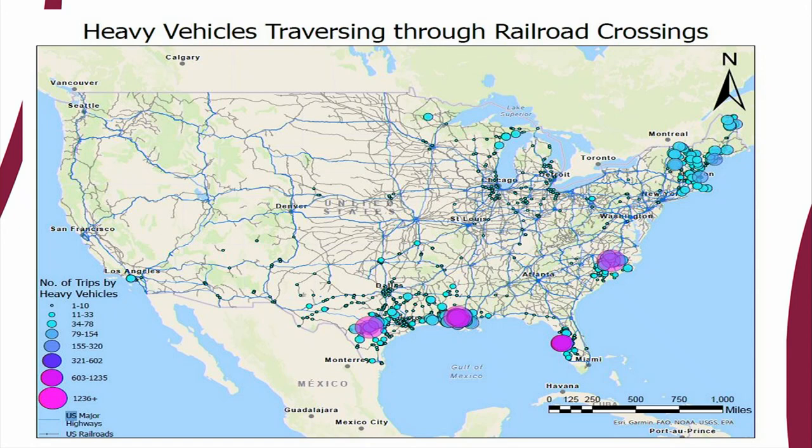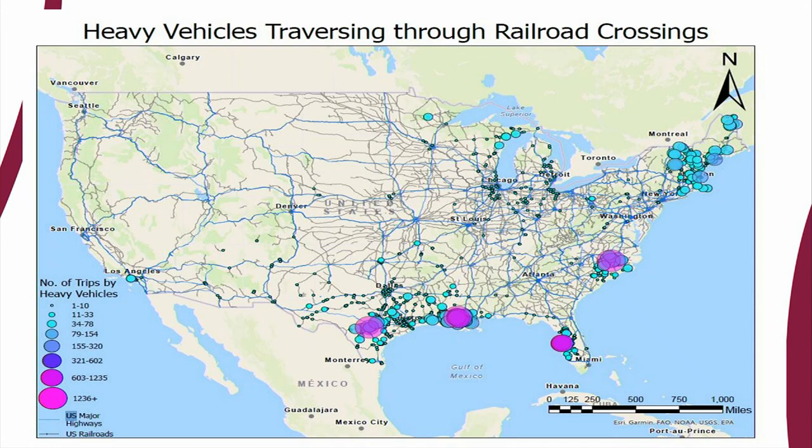And we also noted that there were certain trucks that had made multiple trips crossing railroads during the day, and we think this may be the case because the fleet service was located by a railroad crossing.